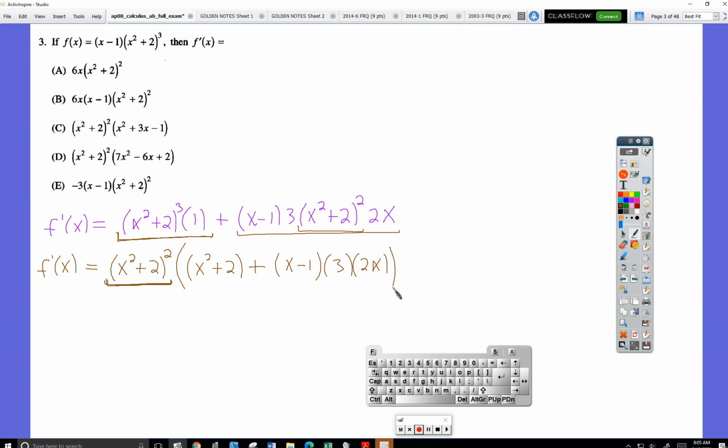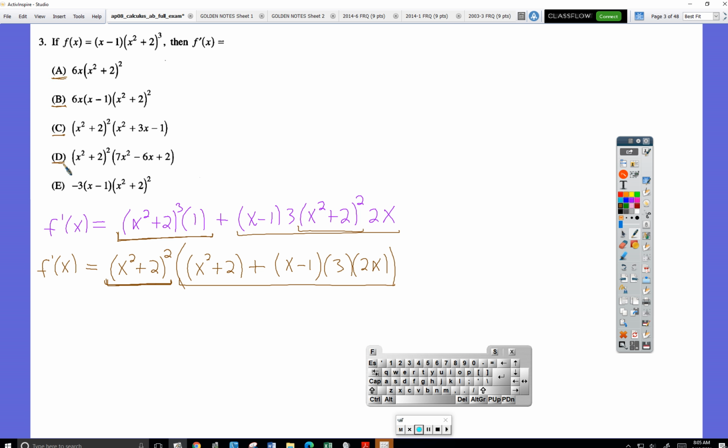Questions about anything? Cool. So now I do have two large factors, which matches what I see here. These are all factors, all factored.